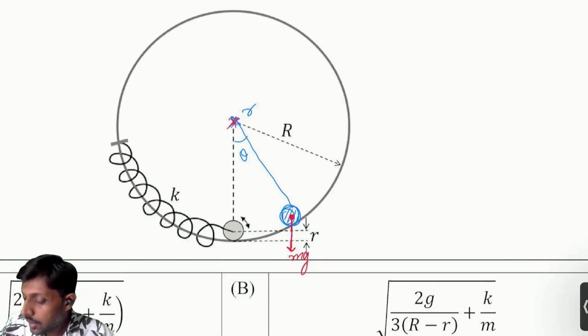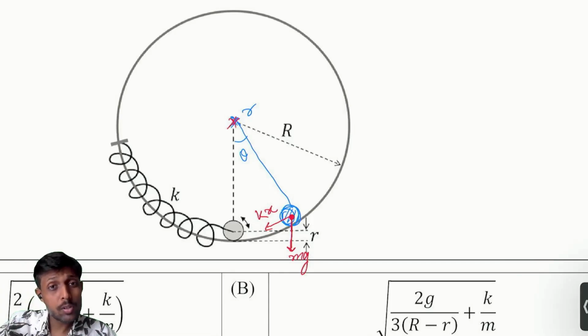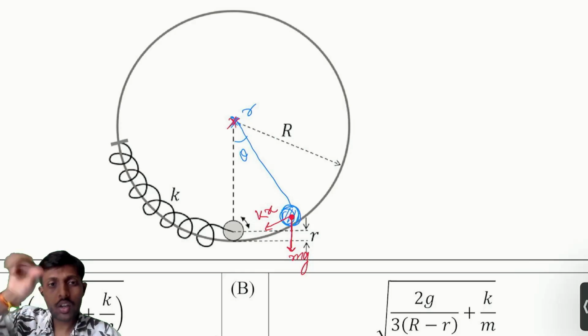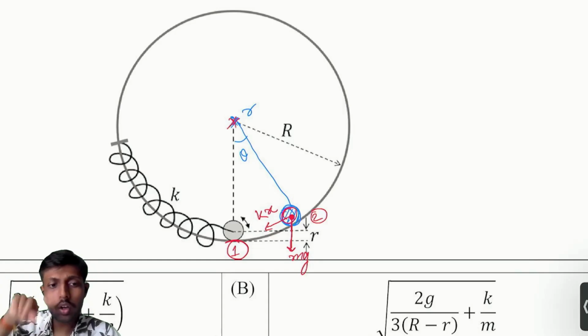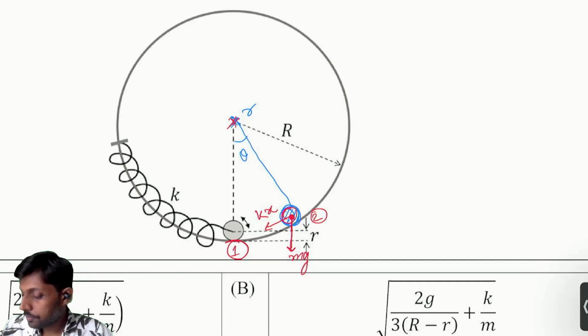Then there is going to be a torque produced by the force Kx, the restoring force of the spring. This is also going to be in the same direction, the clockwise direction. So when the object is displaced from position 1 to position 2, the object is moving in the anti-clockwise direction, whereas the torques are getting produced in the clockwise direction. So we'll have to put a negative sign to the net torque.